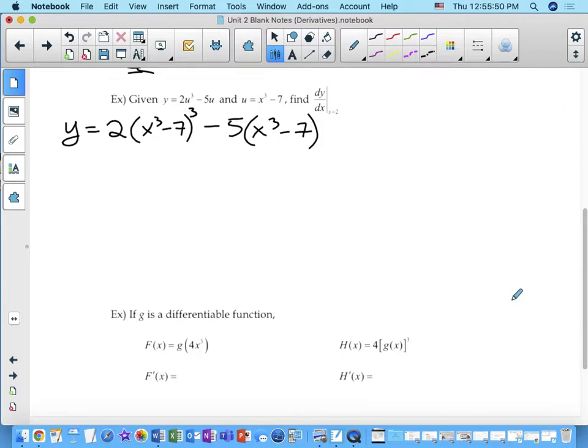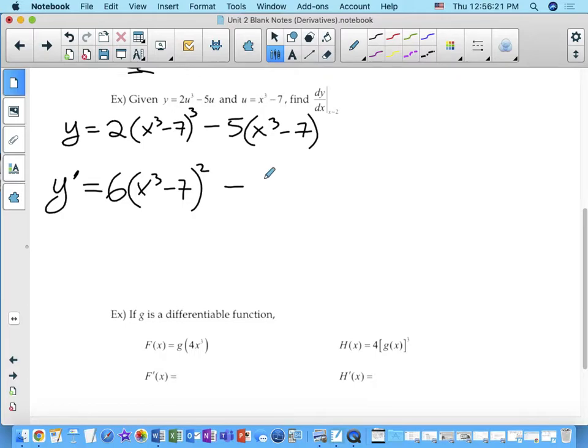Okay, so pretend that these were just x and x. The derivative would be 3 times 2 is 6 times x squared. But instead of the x, what are we going to have? That. Minus, what's the derivative of 5x?